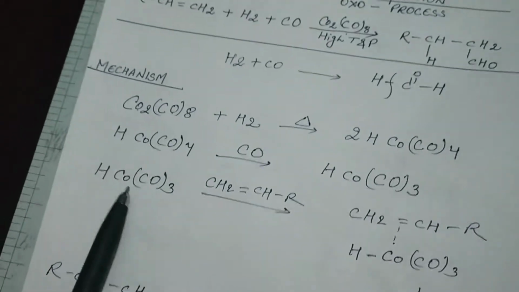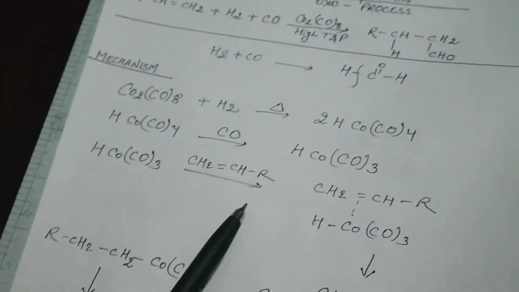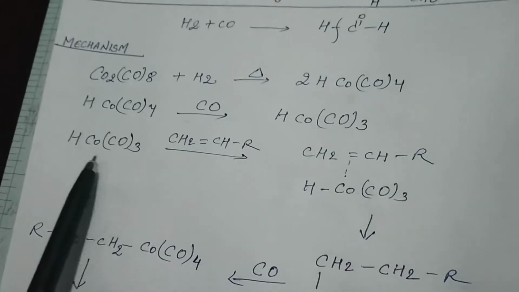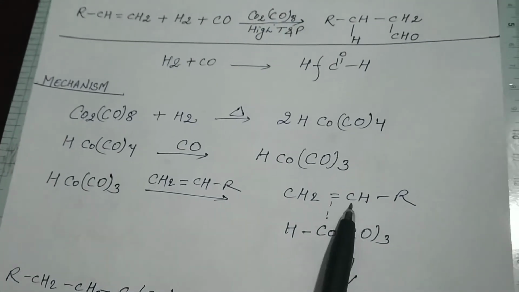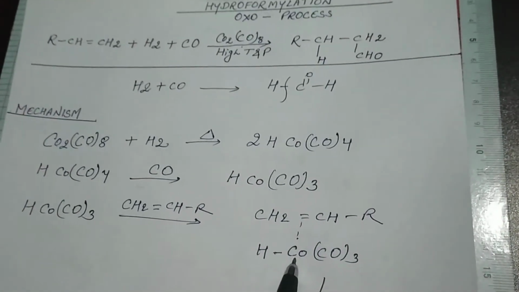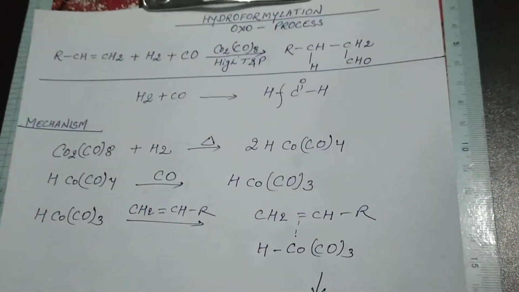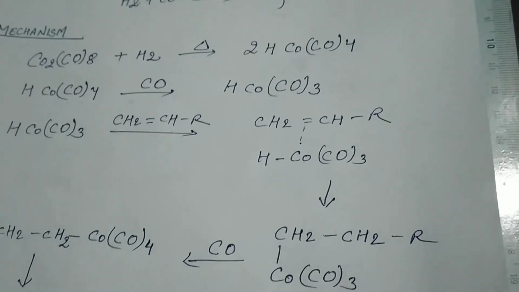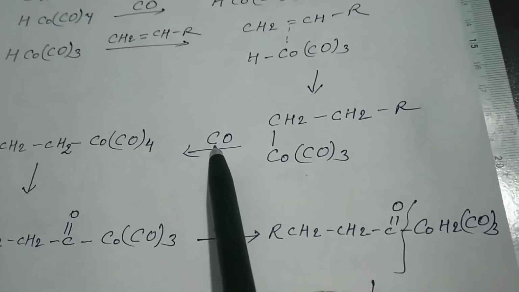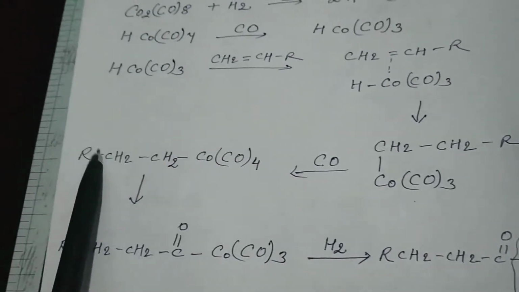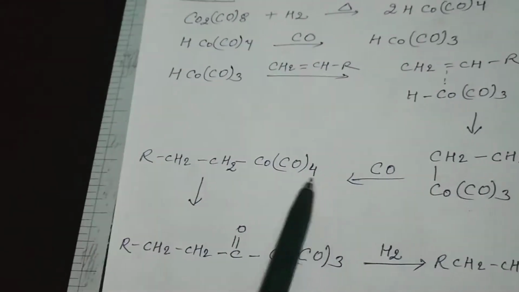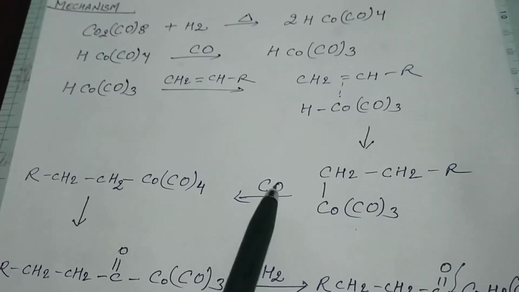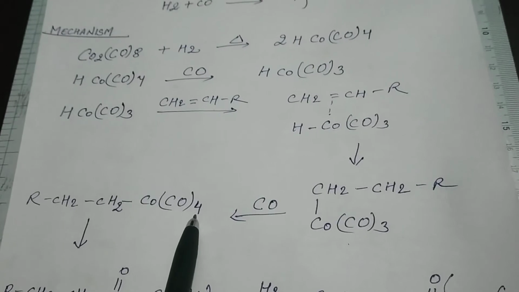This unsaturated species combines with the alkene molecule, in which the alkene is coordinated to the cobalt species through pi bonding, and an insertion reaction takes place between the alkene and H, forming this alkyl derivative of cobalt. This alkyl derivative of cobalt accepts one CO molecule, forming this unsaturated species, where this is 3, and by accepting one CO molecule it becomes 4.